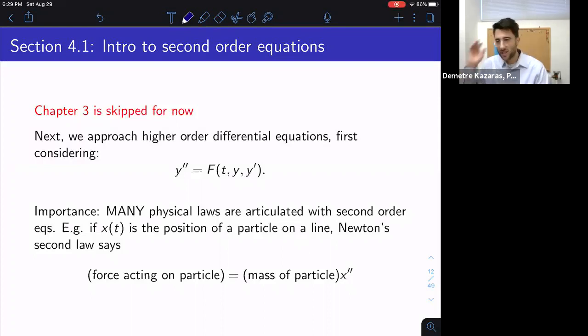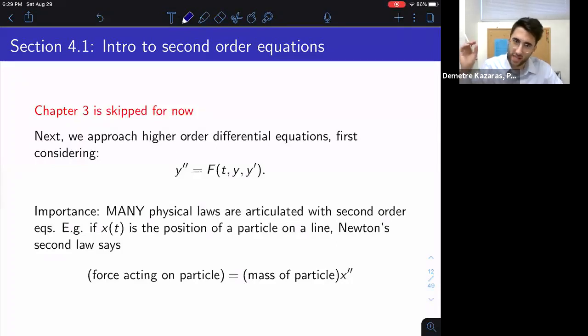For instance, Newton's second law about motion of objects says that force is equal to mass times acceleration.